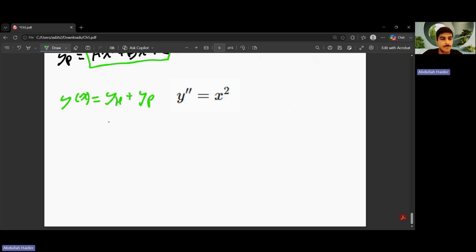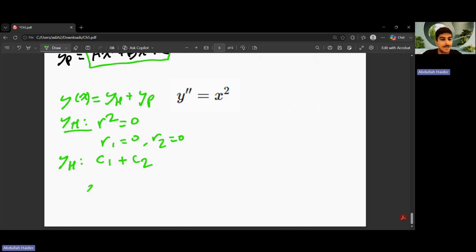Here for the homogeneous solution, r squared is equal to 0, so r1 is 0 and r2 is 0. Both of them are 0. The homogeneous solution is going to be c1 plus c2. Why is there no e power?